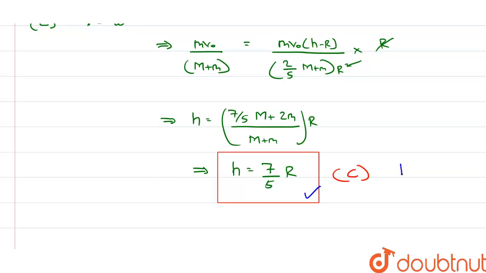We got this relation assuming that the mass capital M is very much greater than small m. So these terms would get neglected and the m terms would be divided. So we are left with 7 by 5 in the bracket.